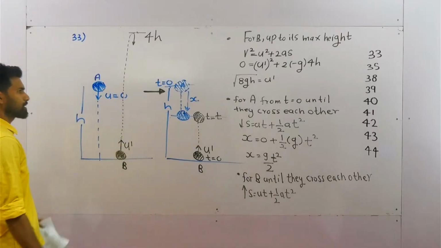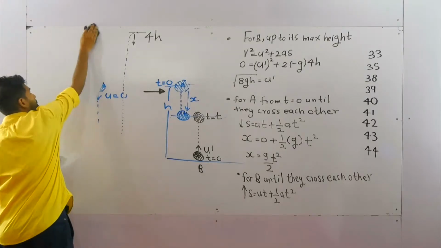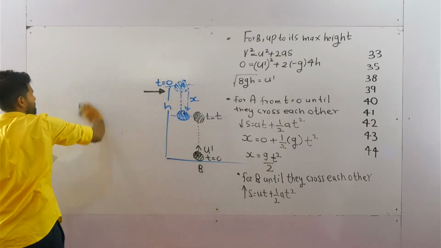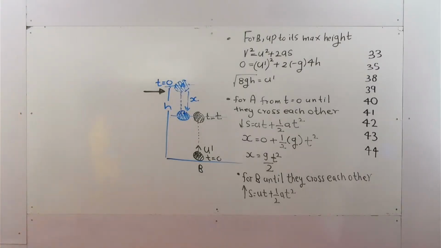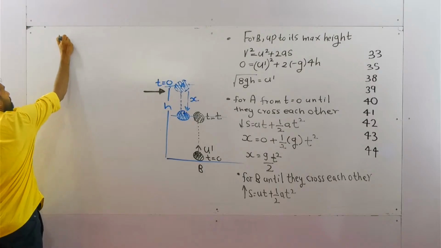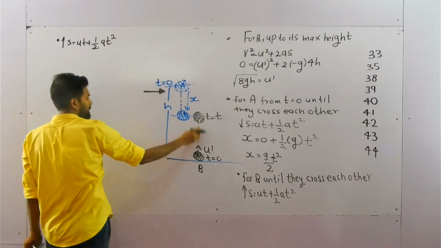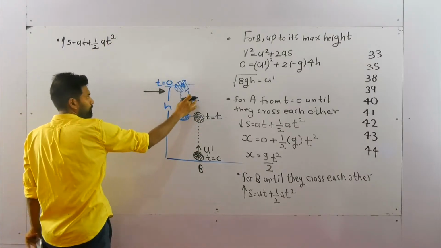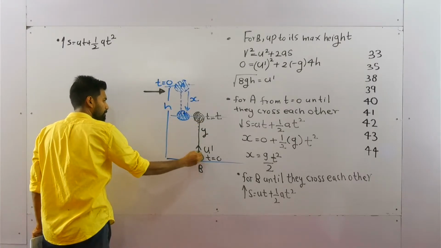Here, capital B is moving a distance y in the upward direction.